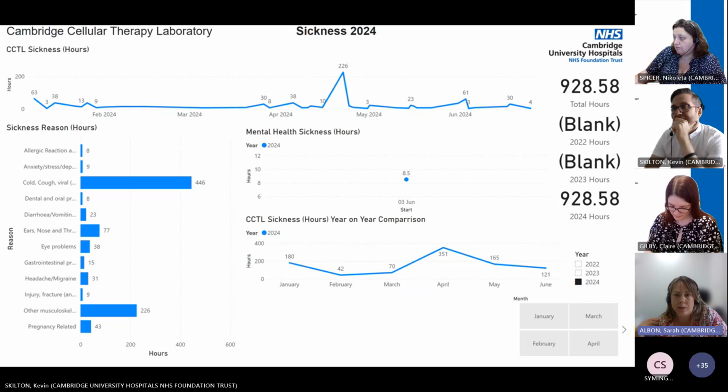The other sickness that's been experienced largely falls into the cough, cold, and viral infections category, which we know is very normal and standard in a workforce with seasonal fluctuation. So again, I think this is a huge improvement. Okay, next slide, please.